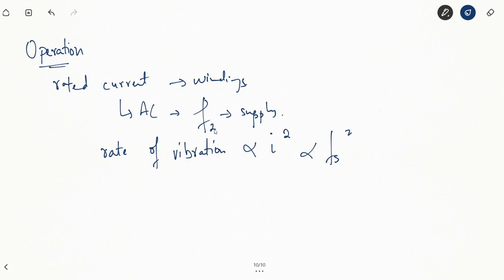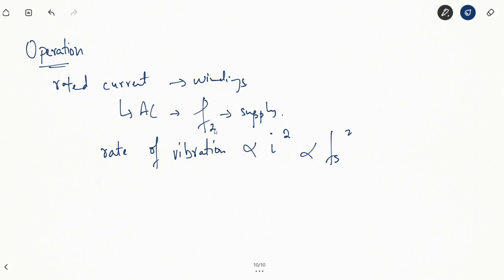Simply stating, we are supplying the windings arranged around this core at a rated voltage, and it will be carrying a rated amount of current at the same frequency as that of the supply. Now this core will act as an electromagnet, and it will attract the reeds.